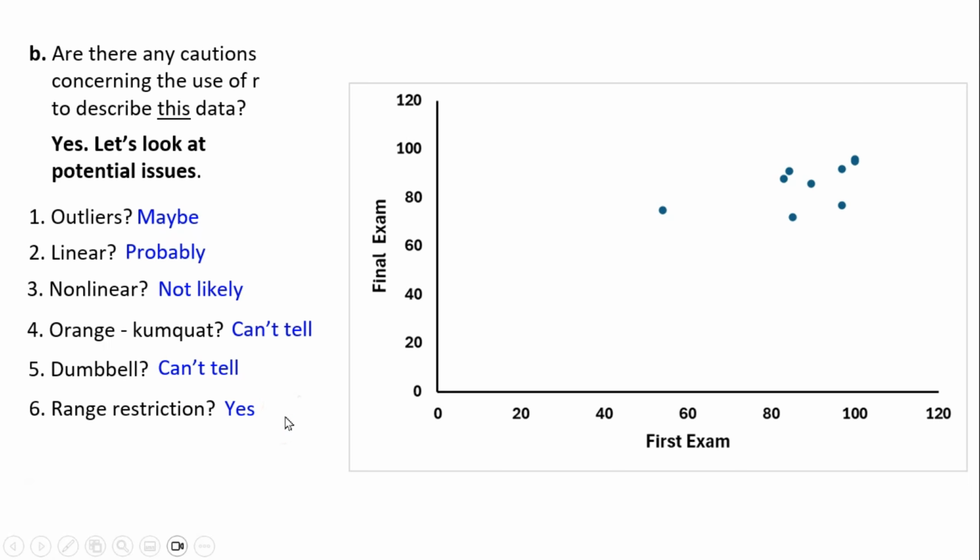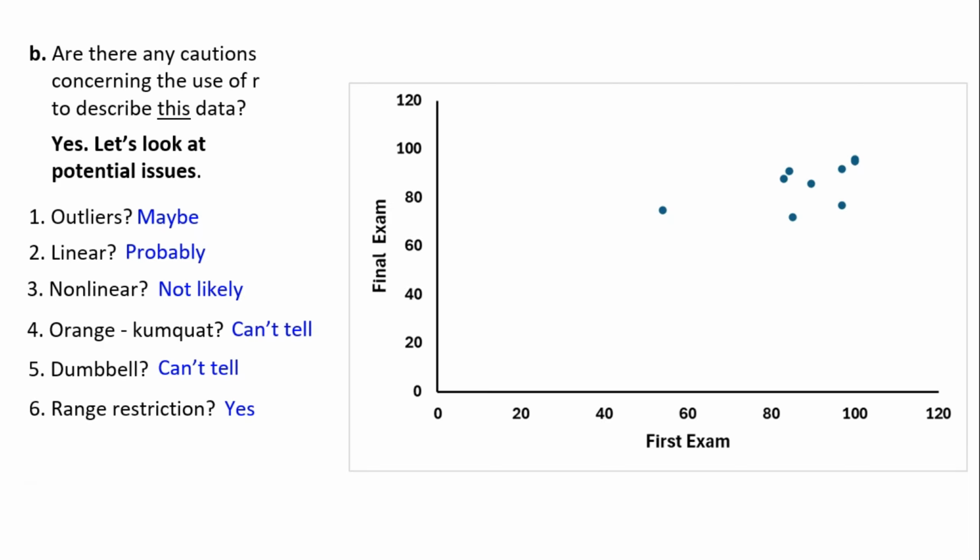And we know that's the case because we know that the test, both of them, ranged from 0 to 100. That's a fact, so that's already known. And our data that sits up there does not fill in that range at all. And so we have a diagnosis of range restriction.